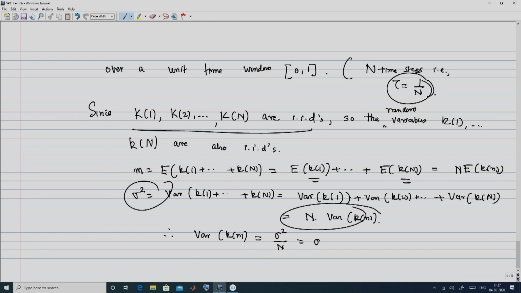So, this becomes sigma square times tau. So, therefore, the standard deviation of kn is the square root of this term, which is sigma into square root of tau. And please remember that these will all hold for each n.